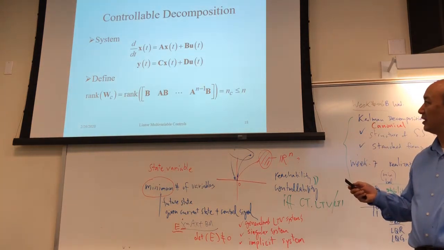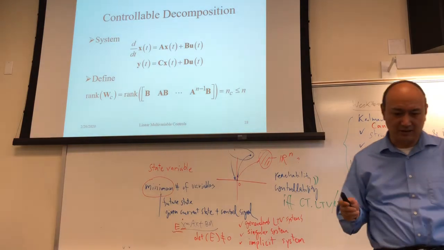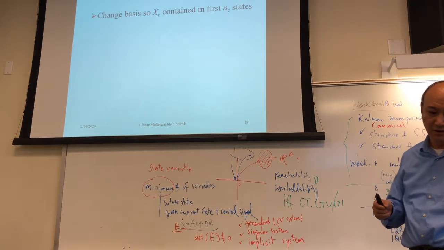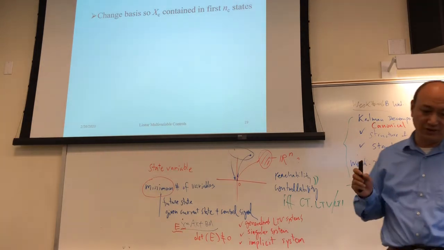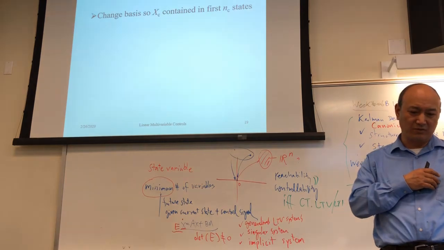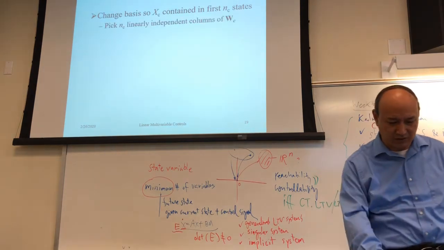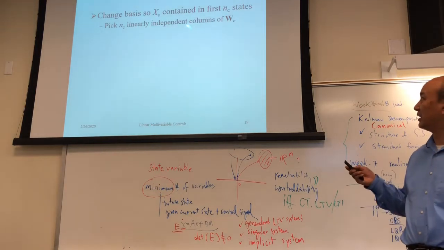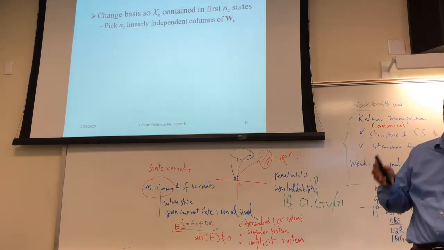So the question is how we can see it. So that's the basis change. Okay, so after the basis change, we hope the first NC states are all controllable, the rest of them are not controllable. So we pick NC linearly independent columns of WC.